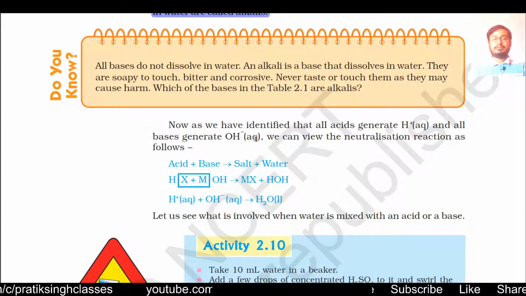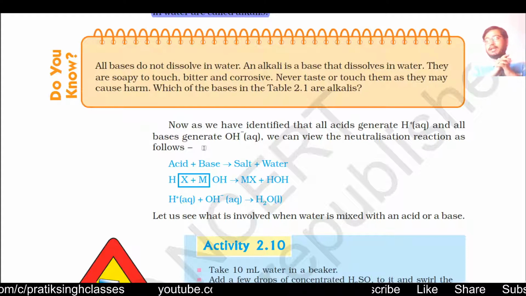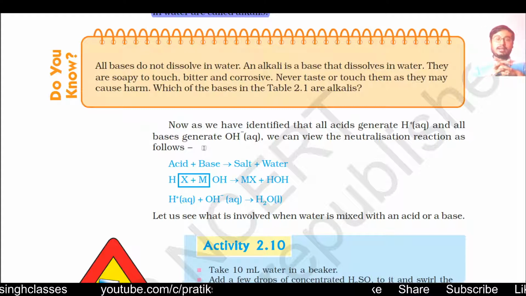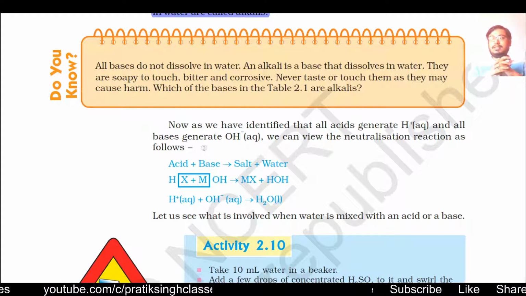Now, as we have identified that all acids generate aqueous H plus ions and all bases generate aqueous OH minus ions, we can view the neutralization reaction as follows. In our previous video we have seen that acids and bases, when mixed together, react and form salts, and this process is called a neutralization reaction. In aqueous solution acids give away aqueous H plus ions, and bases give away aqueous OH minus ions.